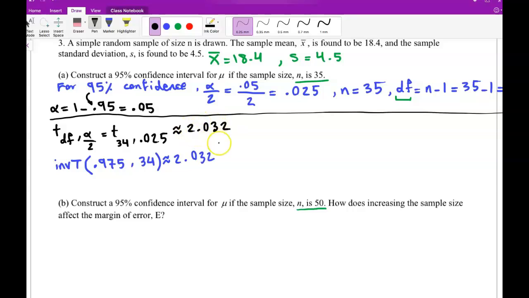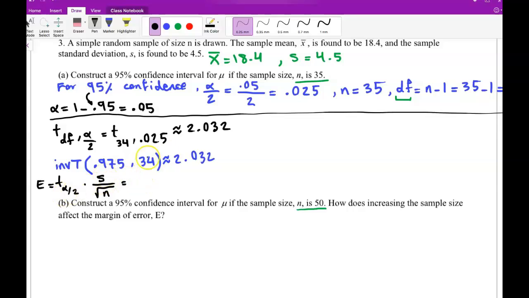Now using that one, we can find E. So E is equal to t times s divided by square root of n.